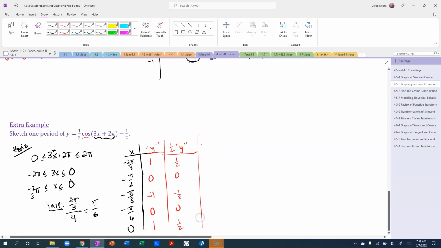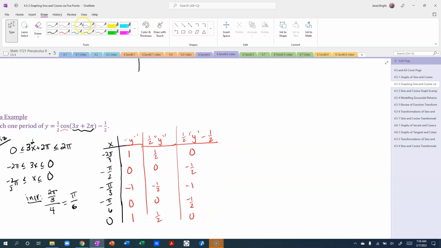And then lastly, I want to take that and subtract 1/2. So that would be 0, -1/2, -1, -1/2, and 0. In all, I have the first and last columns as my x and y values respectively.